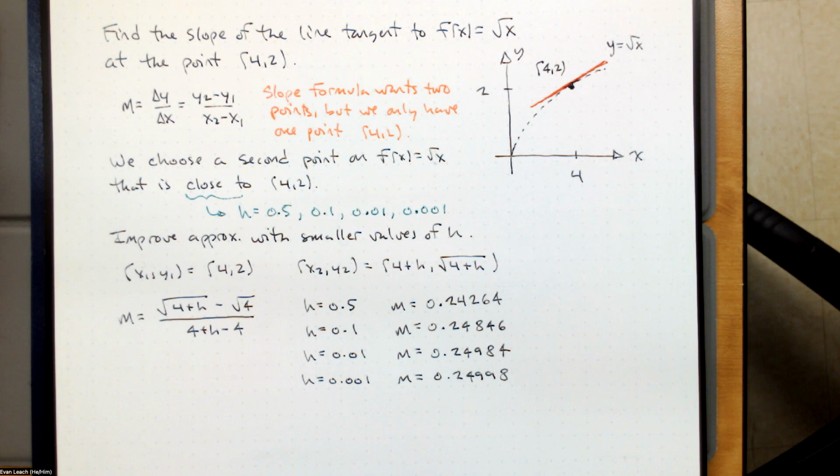So now we need to get into the idea of what's going on here. We want this to go down to 0. We're using these numbers to look for patterns.